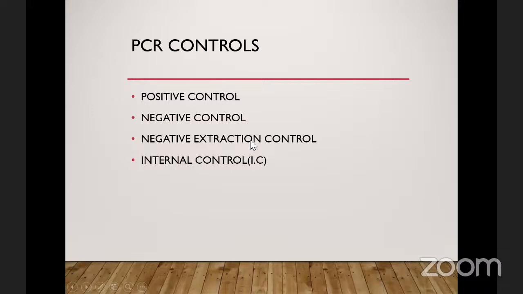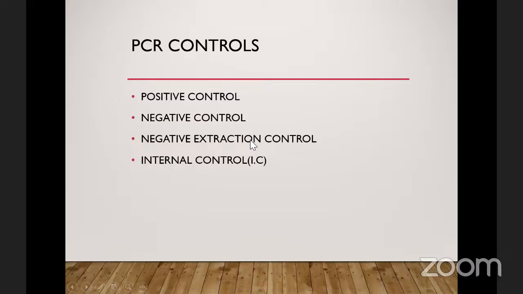So if I'm doing extraction, apart from the fact that I'm putting the samples in the tubes for extraction, I'm going to have a tube where I'm going to put nuclease-free water or something without DNA or RNA templates. And at the end of the day, it will help me monitor my extraction process to be sure that contamination is not spreading across that setup and making my samples amplify.